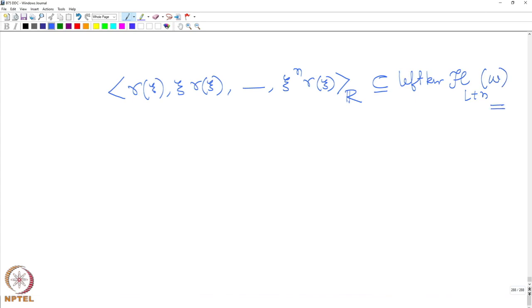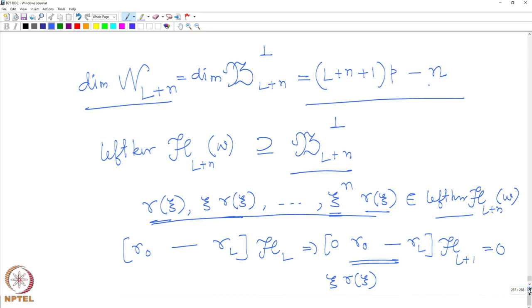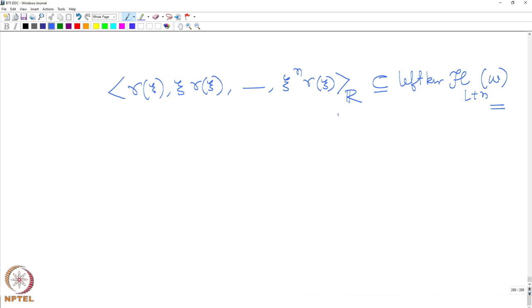So, now I have two subspaces of the left kernel of HL plus n, namely this one and this one.